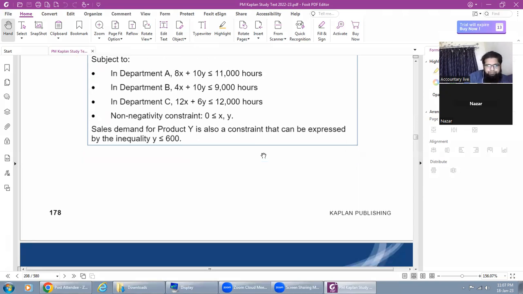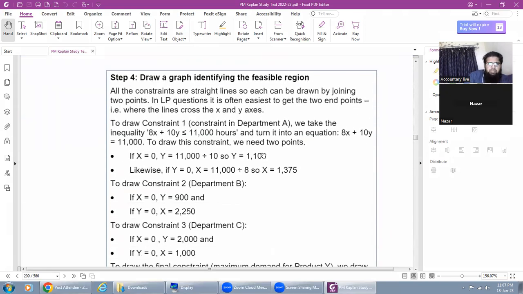Now we have to draw a graph identifying the feasible region. All the constraints are straight lines, so each can be drawn by joining 2 points. In linear programming, it is often easiest to get the 2 endpoints where the lines cross the x and y axes.